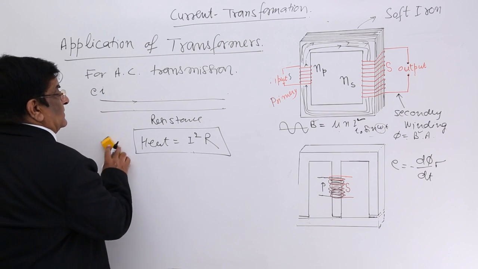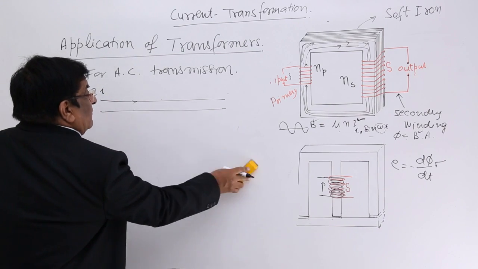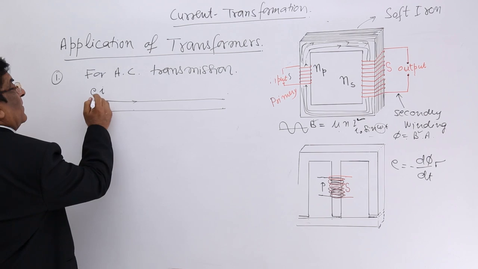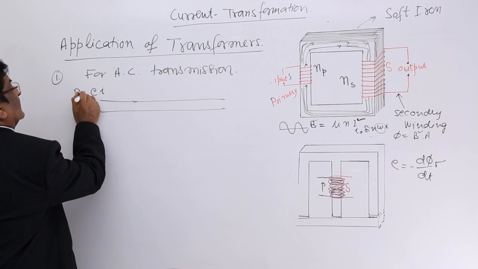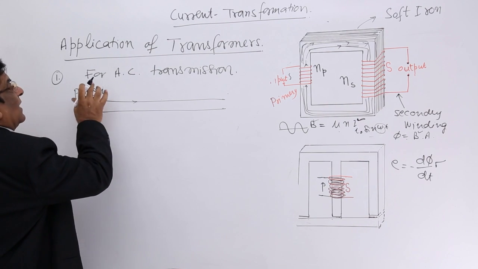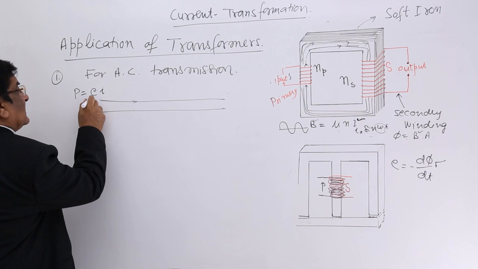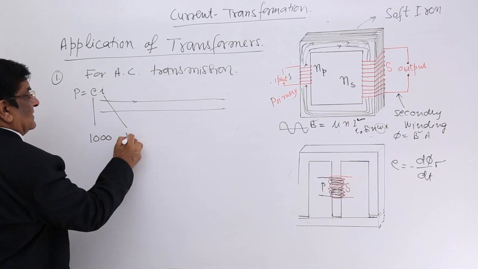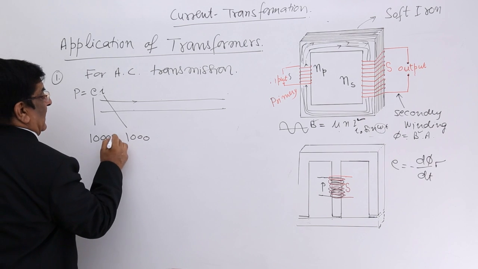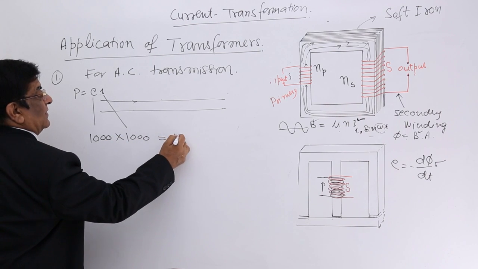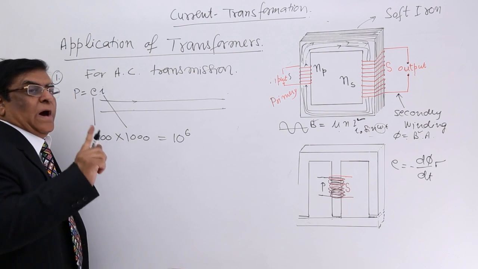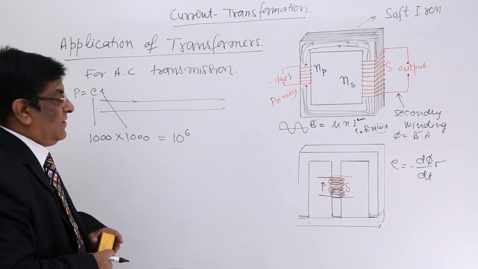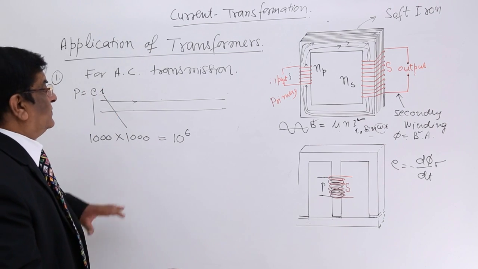Now suppose I want to send certain power. That power is equal to E into I. Say this is 1000, this is 1000, and how much is the power? 10 to the power 6, that is 1 megawatt. 1 megawatt power I want to send.